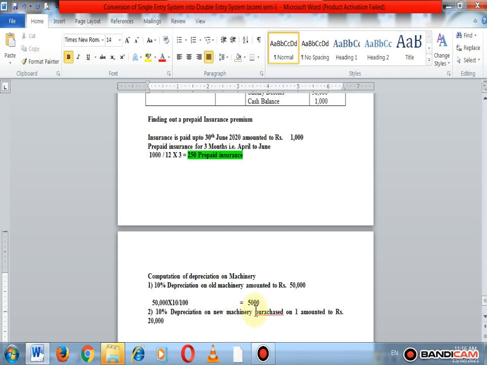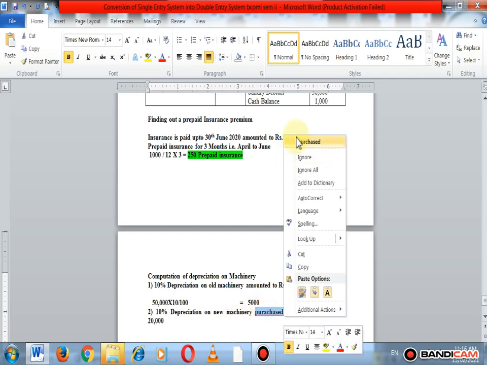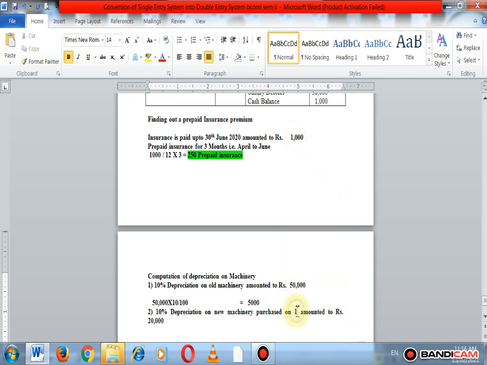on first January 20, amounted to rupees 20,000.